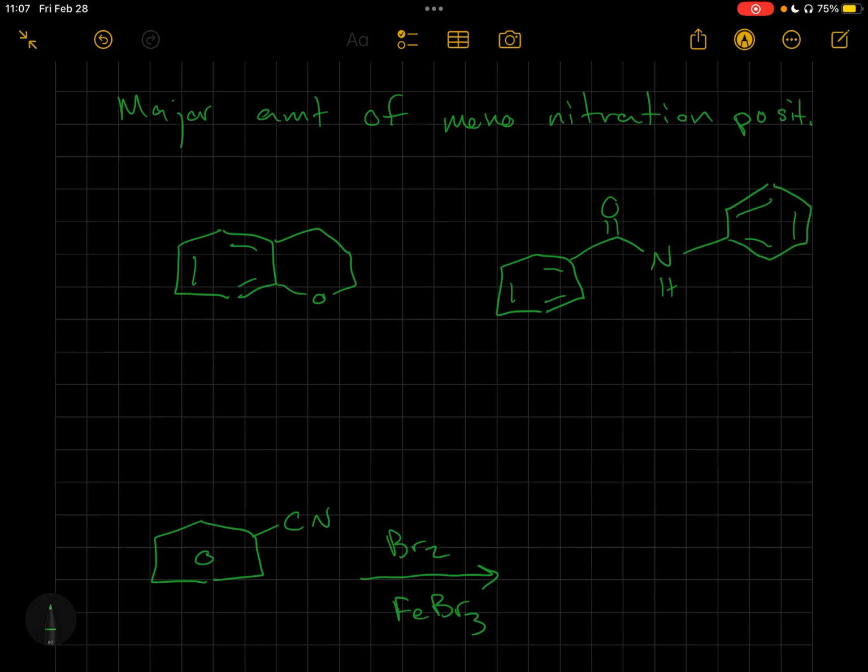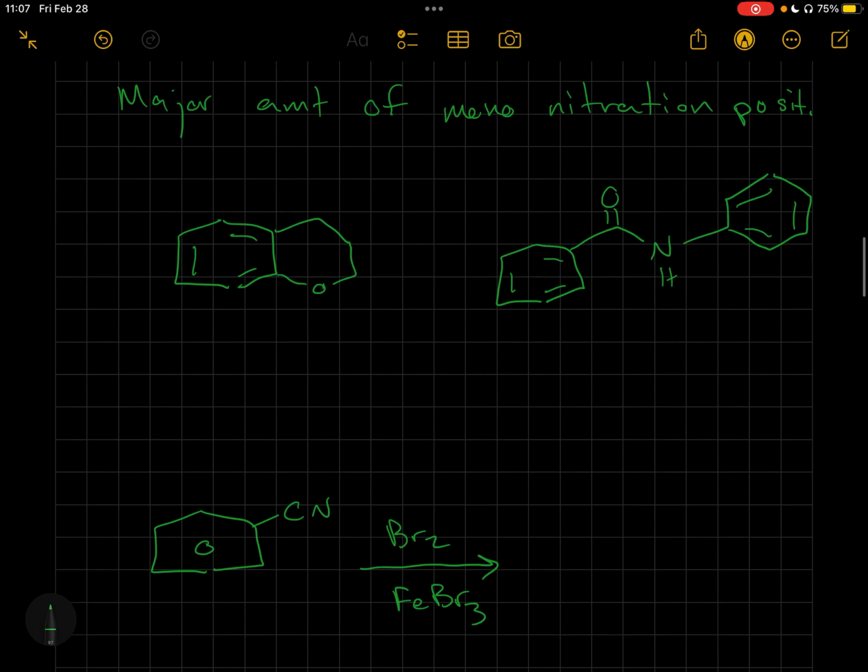Okay, so looking at our first structure where we have that fused ring system, we've got our benzene here. So you look at what's attached to the benzene. We have an oxygen, and let's go ahead and draw in the lone pairs, and we have a carbon, okay? So we have an alkyl group, or effectively an ether, right?